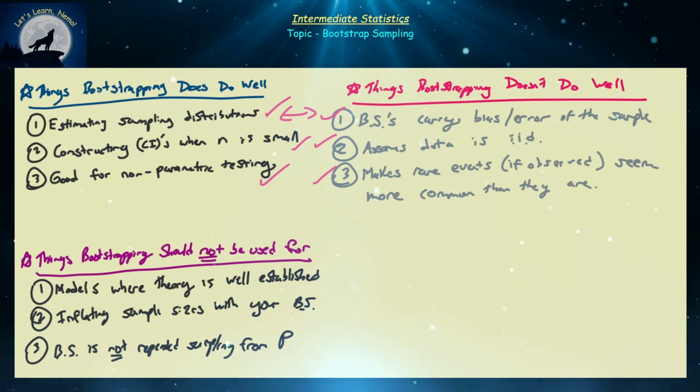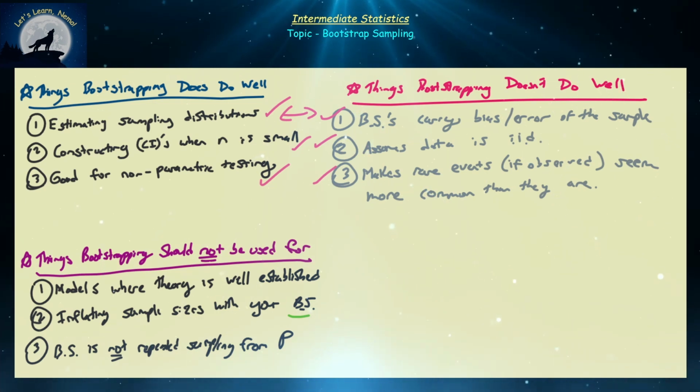Another thing that I see a lot of people do is inflate their sample sizes with their bootstrapping samples. That is, when you take your bootstrapping samples and you put all of those new bootstrap values, which keep in mind are the same exact values from your sample, into your original sample, you're pretty much replicating your data.